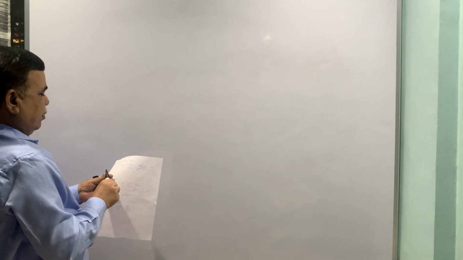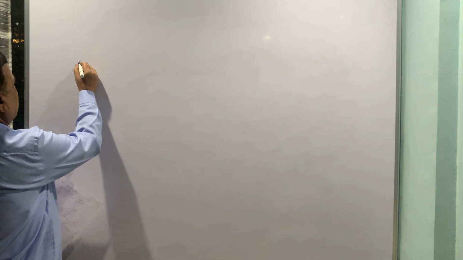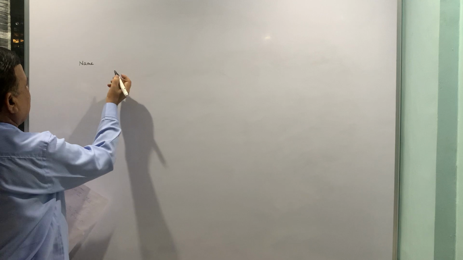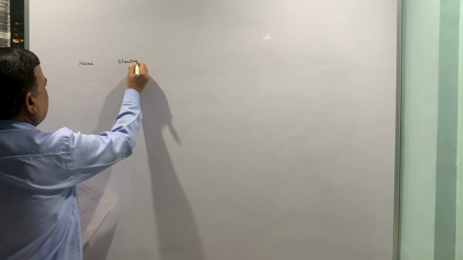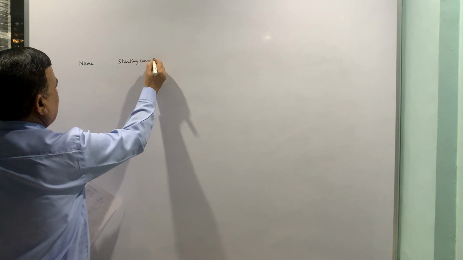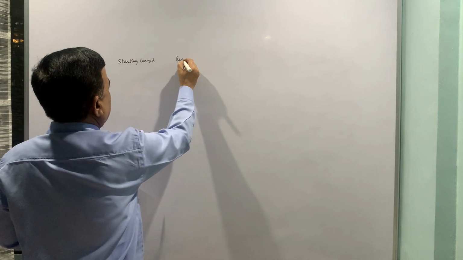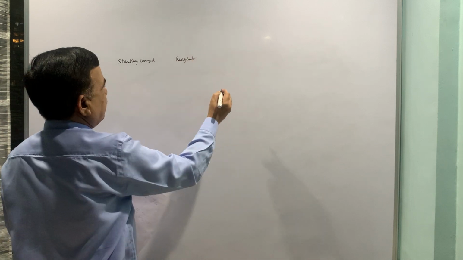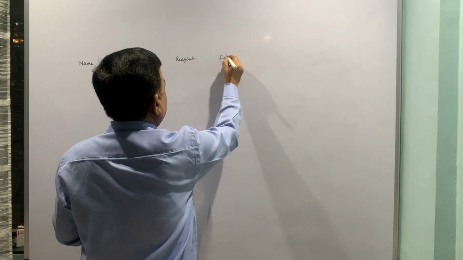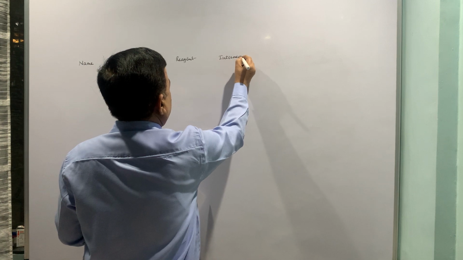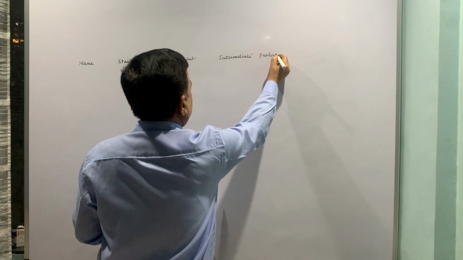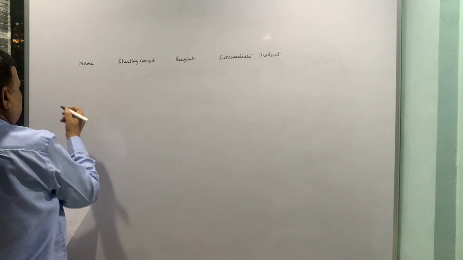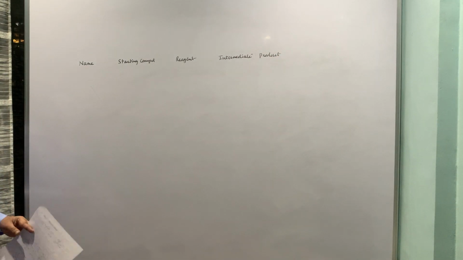So I will suggest you make a chart: name of the reaction or name of the rearrangement, starting compound, reagent, intermediate, product. If you make a chart like this, I'll quickly put in some illustrative examples here.